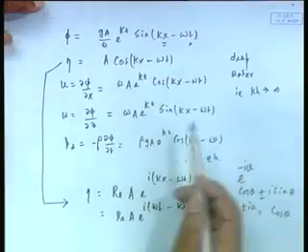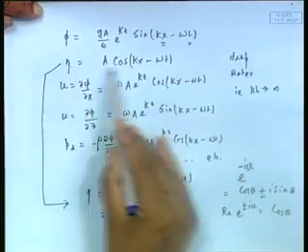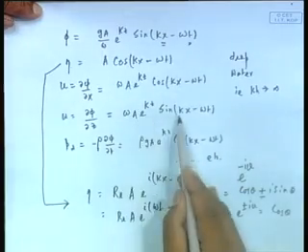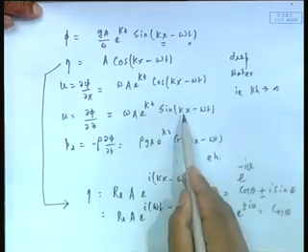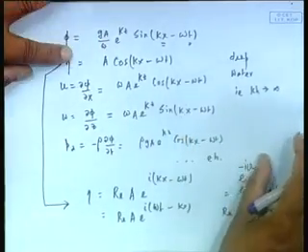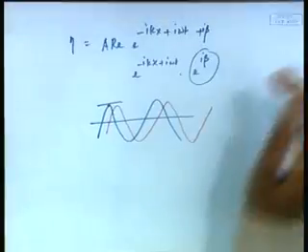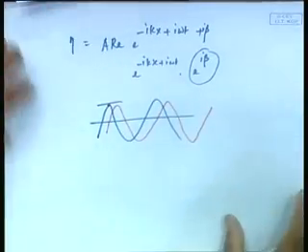See here, eta is a cos curve, but W is a sine curve. Now, if I were to plot eta and W, what would eta look like?